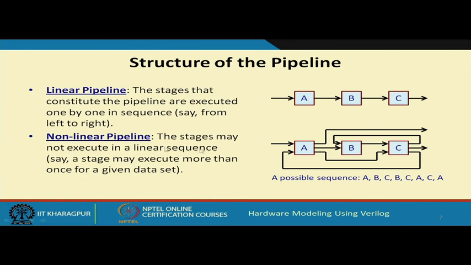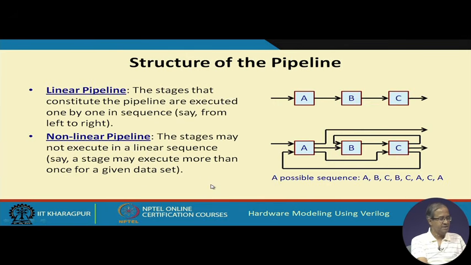Okay. So, there can be multiple paths the data can take. For example, a possible sequence can be A, B, C, B, C, A, C, A, then it comes out from this path. So, this can be a possible sequence of data computation, but these are for more complex cases, forget this for the time being.